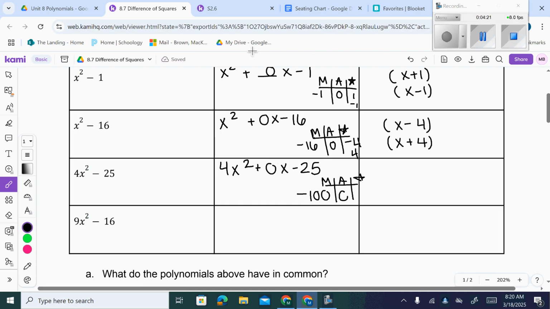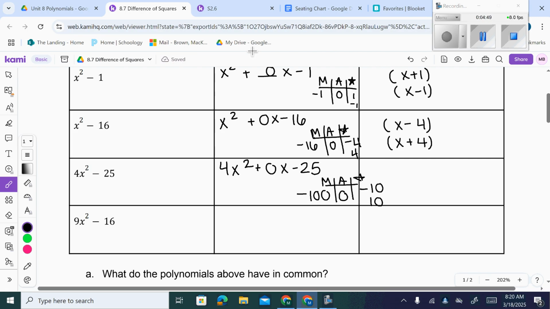What multiplies to -100 but adds to 0? It's -10 and positive 10. You have to be careful on this one though, because you can't go straight to your answer. I can't shortcut it.